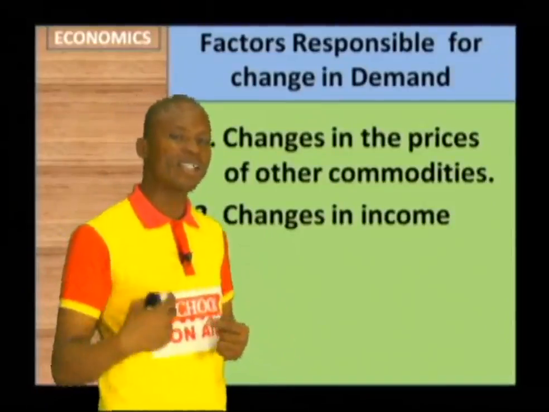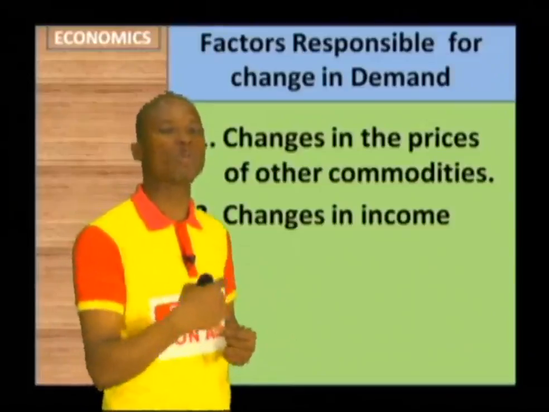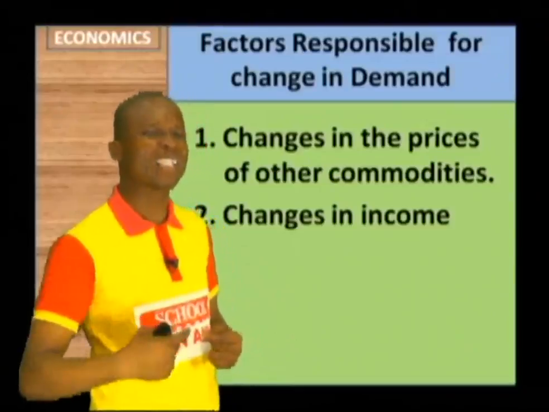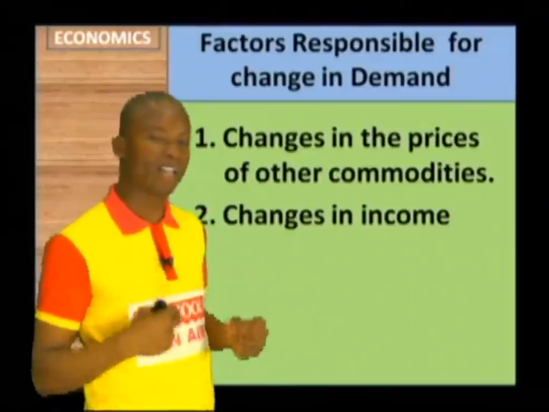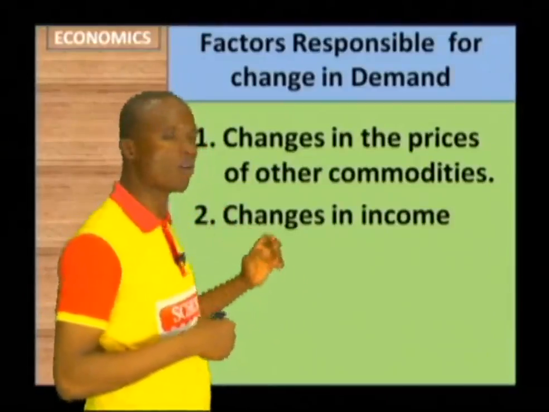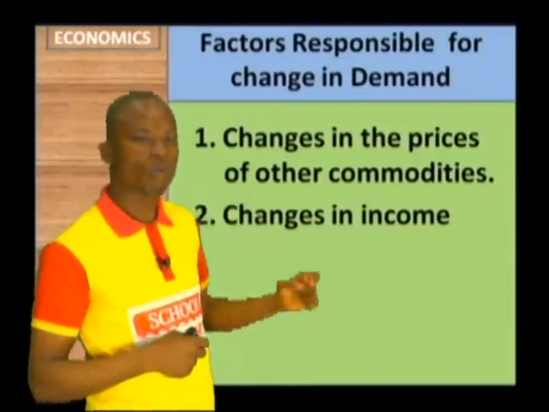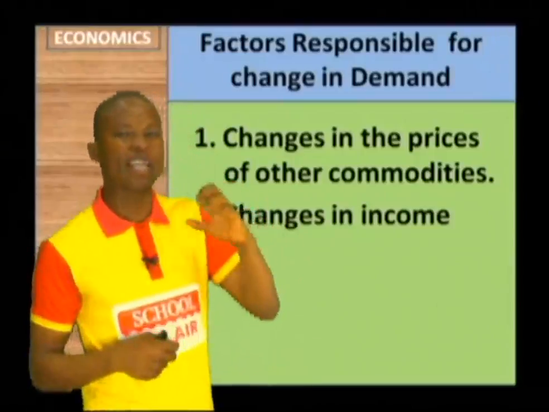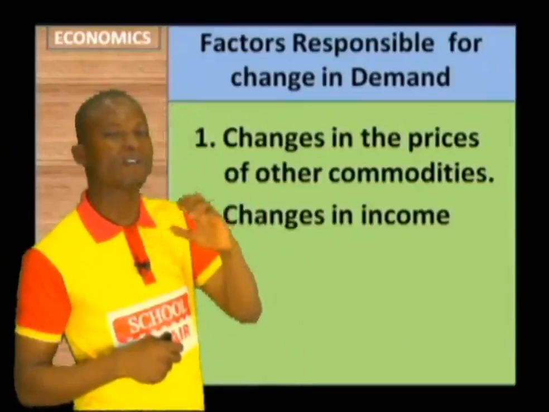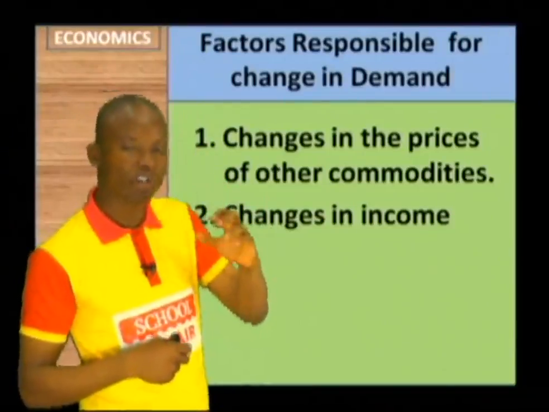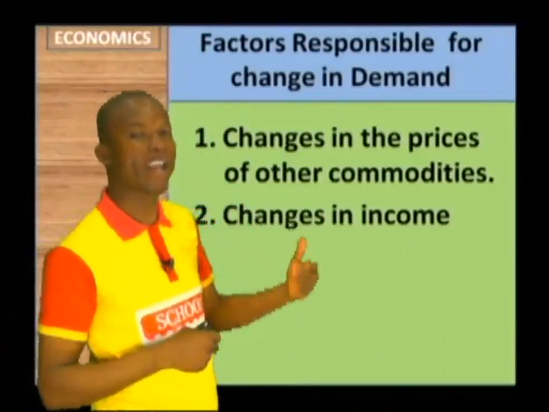Then number two, even some of the things that he used to buy before, he will be able to buy larger quantities of them now. For instance, if the fellow's budget on clothing material is just 4,000 naira in a month, when his income was 40,000, with an income of 300,000 naira, he can afford to spend 30,000 or more on clothing material every month.